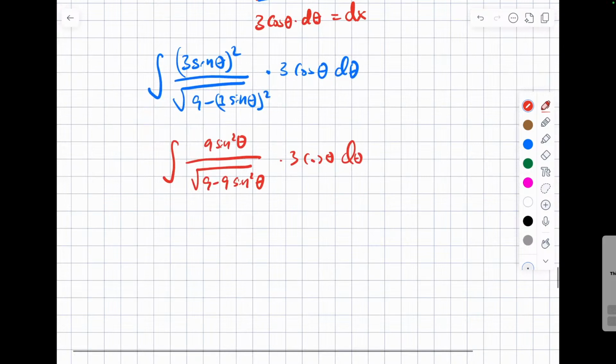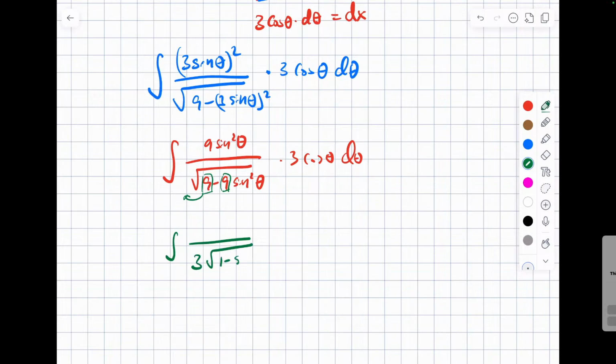If you see it here, I can take out a 9. Why do I want to take out 9? Because if I take out 9 here, they'll end up to be what? 3, right? And this one, 1 minus sine squared theta, over 9 sine squared theta times 3 cosine theta d theta.